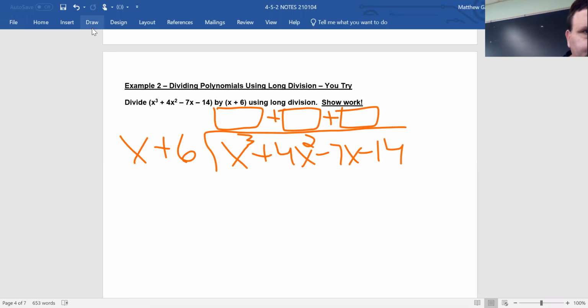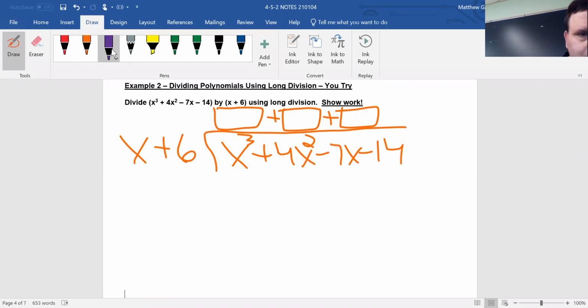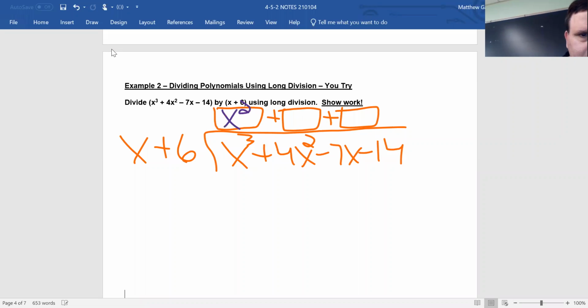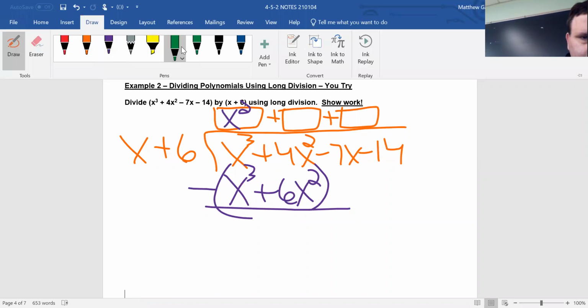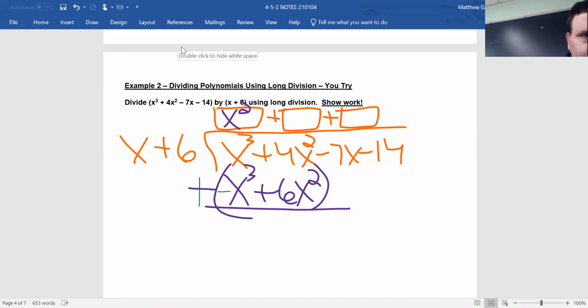First term should be x squared, because x squared times x is x cubed. x squared times 6 is 6x squared. Subtract going down. Take out my green pen. Change the operations.